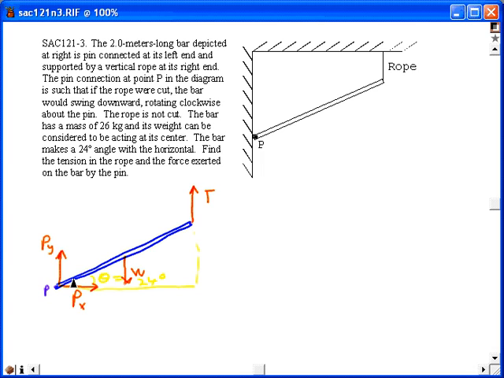And the moment arm for the weight force will be this distance right here, which if I call this distance L over 2, and this distance L for the length of the entire rod or bar, then this distance, I'll call it r perp W.